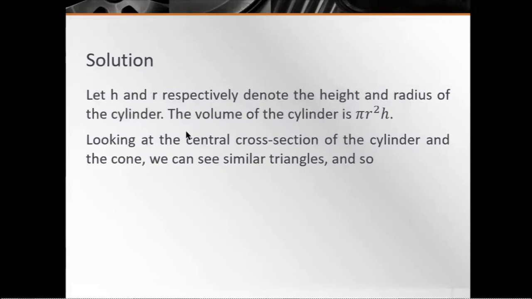Okay, let h and r respectively denote the height and radius of the cylinder. And the volume of the cylinder is pi r squared times height. Looking at the central cross section of the cylinder and the cone, we can see similar triangles.